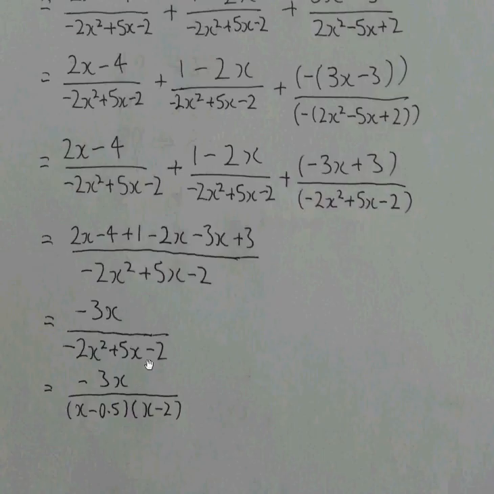Once we solve this, we find that x is equal to positive 0.5 and positive 2. So we translate into open bracket x minus 0.5 close bracket, then open bracket x minus 2 close bracket. That's all for our question 1, which consists of A, B, C.